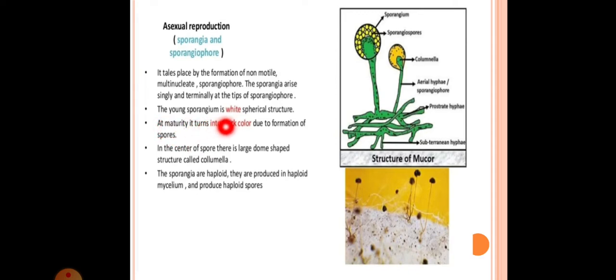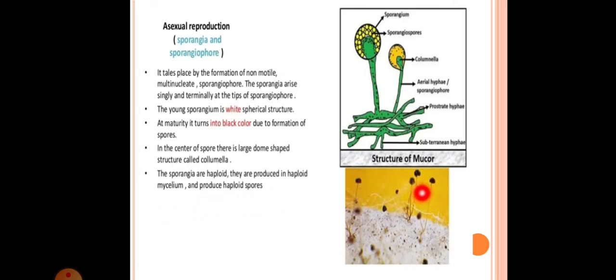The young sporangium is white and spherical in structure. At maturity, it turns black due to formation of spores. In the center of the sporangium, there is a large dome-shaped structure called the columella. The sporangia are haploid. They are produced in haploid mycelium and produce haploid spores.